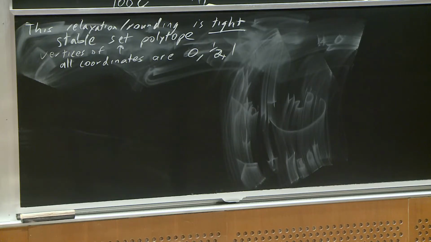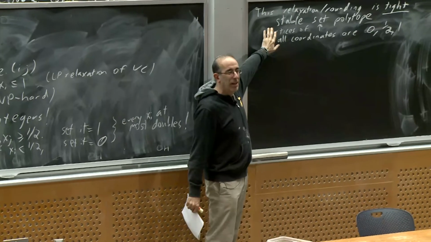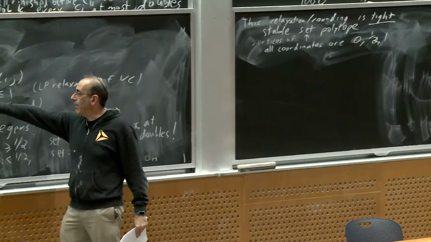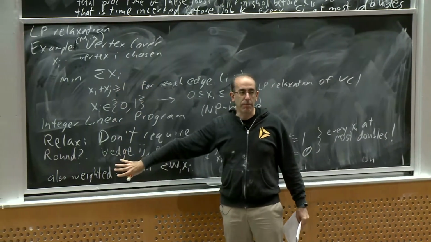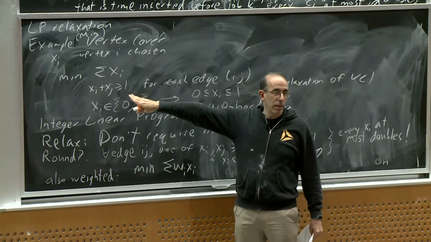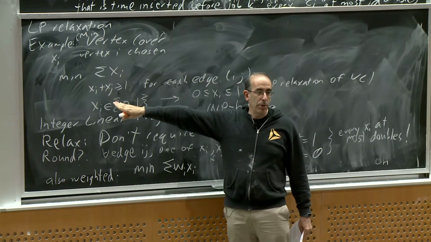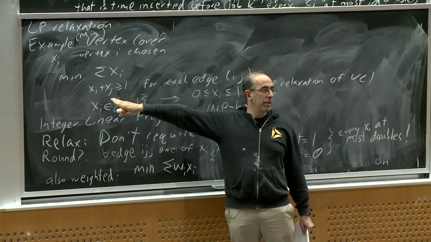Every vertex of the stable set polytope is some combination of 0, half, or 1. Now, it's a little confusing to talk about these vertices here because these are not the graph vertices. So if we map back to the graph problem, what this says is that when you optimize even the weighted version, every single vertex is going to have a value of 0, or 1, or a half.